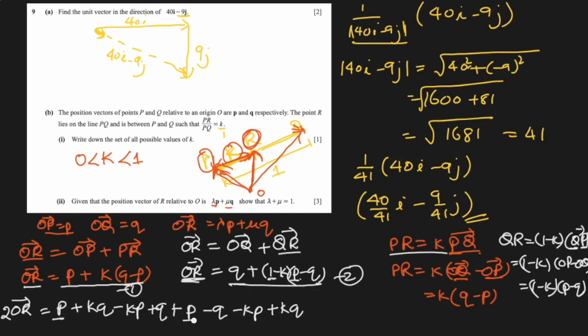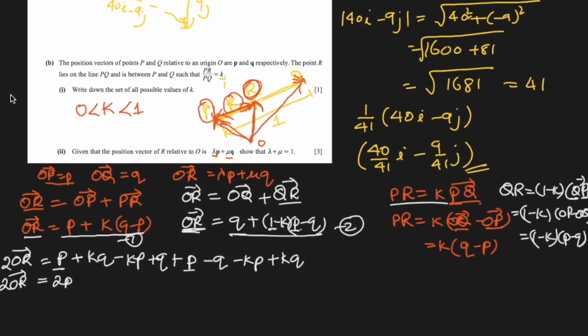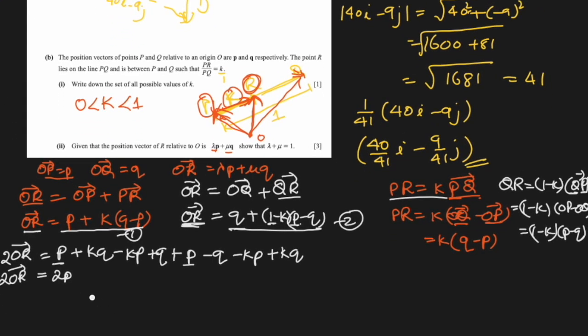Now P plus P is 2P, KQ plus KQ is 2KQ, minus KP minus KP is minus 2KP. Then we have Q and minus Q cancel out here, right?